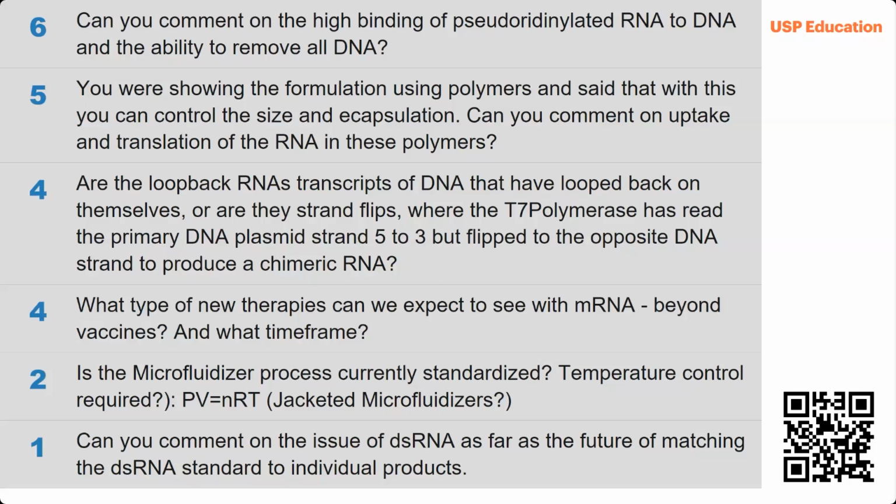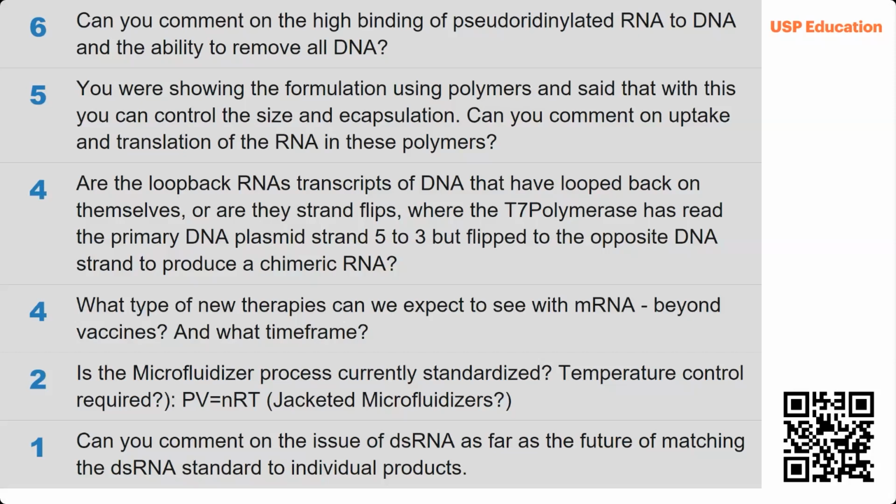But I don't think that binding is very strong. And given that you do perform DNA digestion following IVT, I think the burden is currently low, and certainly process analytics show that. So it's not as big of a concern, at least not based on any published process data that I've seen.